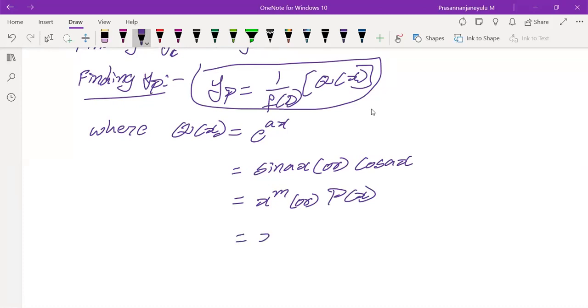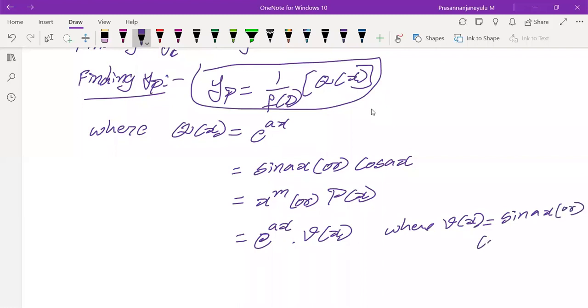Or it may be x e power ax into v of x, where v of x is again different, where v of x equals sine ax or the same cos ax or x power m or a polynomial in functions of x. That we'll see later. Okay, these are the things.